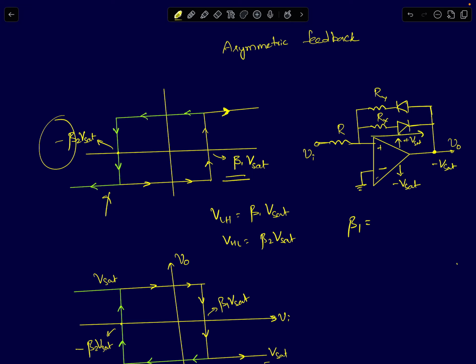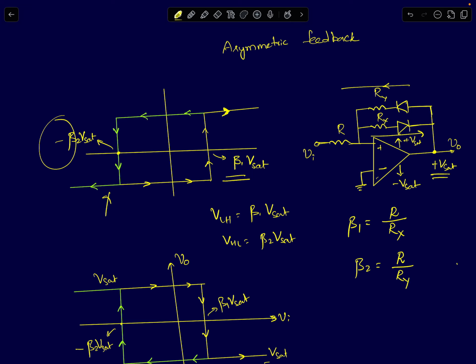The feedback factor beta 1 in that case is given by R by Rx. Beta 2 sets the threshold voltage for the high to low transition. That means your output is already high to begin with, so the other diode will be turned on, and Ry will be in the picture. Beta 2 in that case is given by R by Ry.